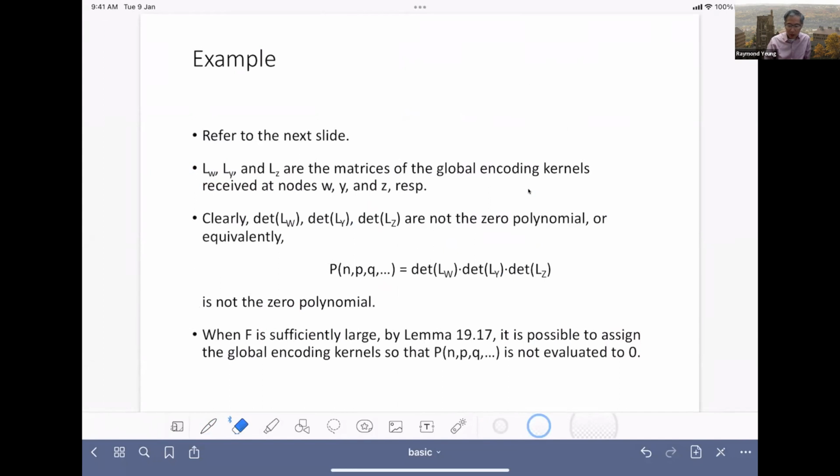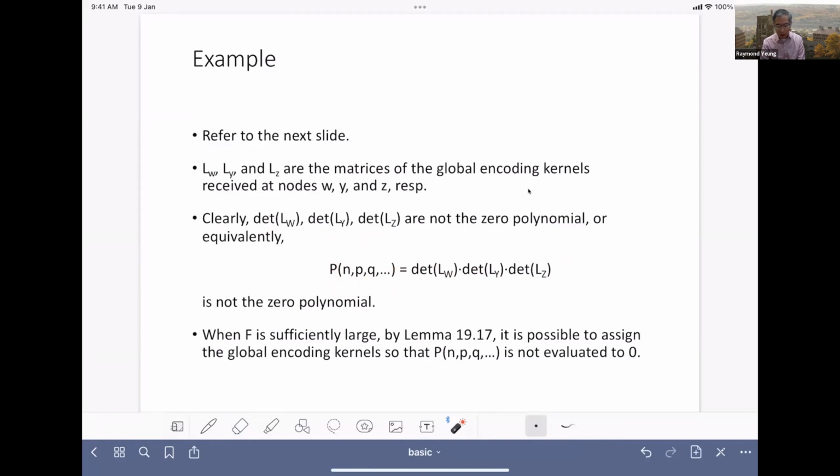Now we want to ensure that each of these three determinants is non-zero in one go. So what we do is that we multiply these three determinants together, and because everything is in terms of these indeterminates, these three determinants, no matter how complicated they are, the product is simply a polynomial in the indeterminates.